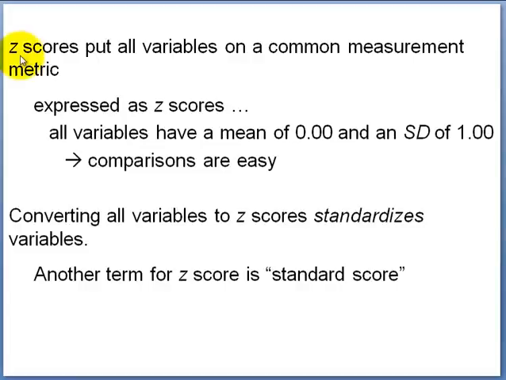Z-scores put all numeric variables on a common measurement metric. By that I mean that when the z-score formula is carried out on each score so that each score is computed to a z-score, and then those z-scores become our new variable, expressed as z-scores, all variables have a mean of 0 and a standard deviation of 1.